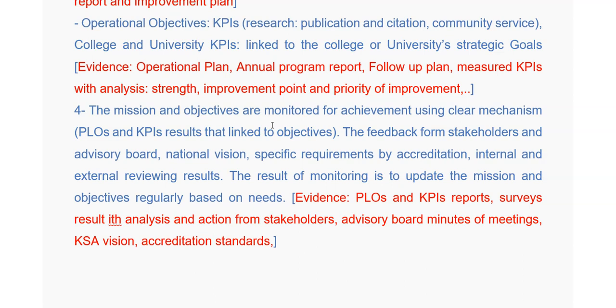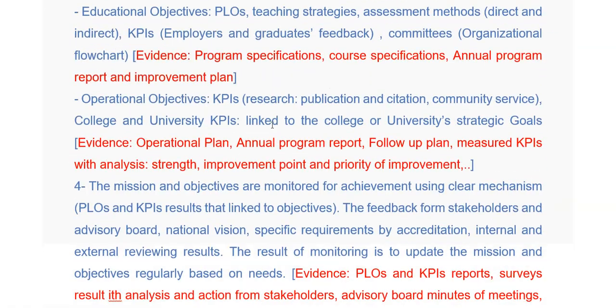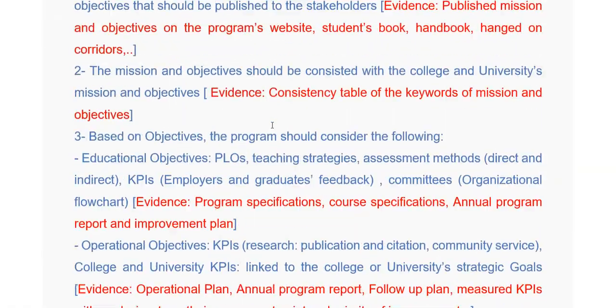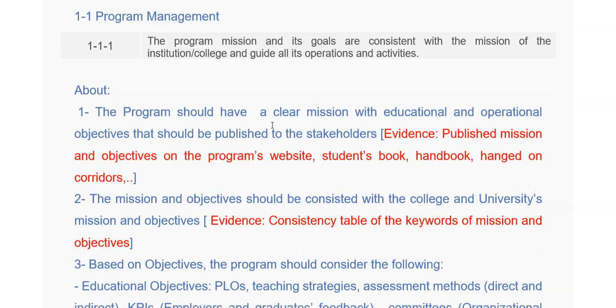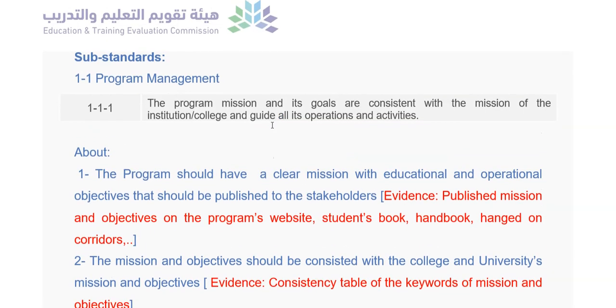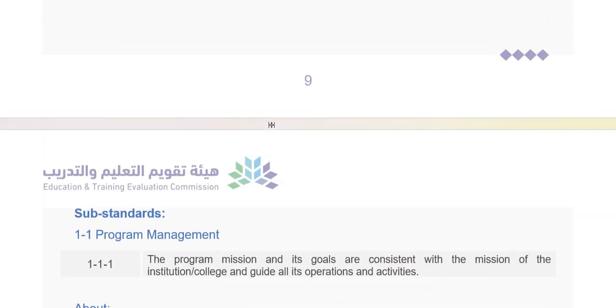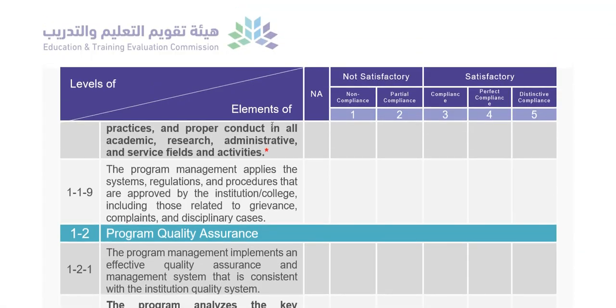I think if the program follows these 4 steps for the first criterion, exactly within the 4 years before the first graduated student, the program can evaluate itself at least 4.